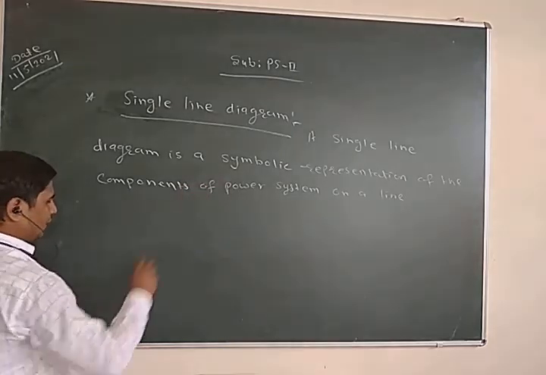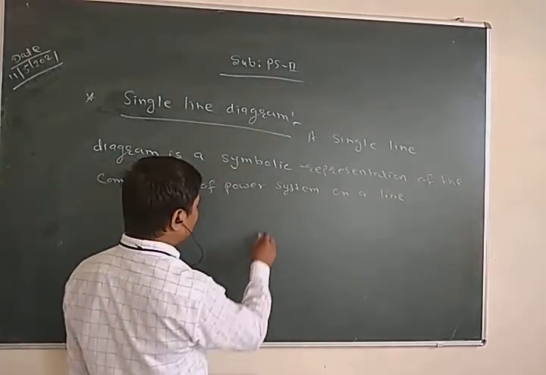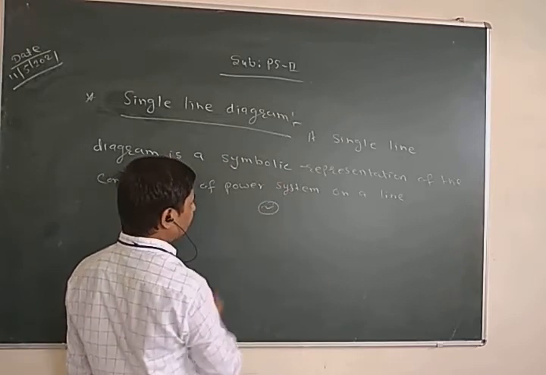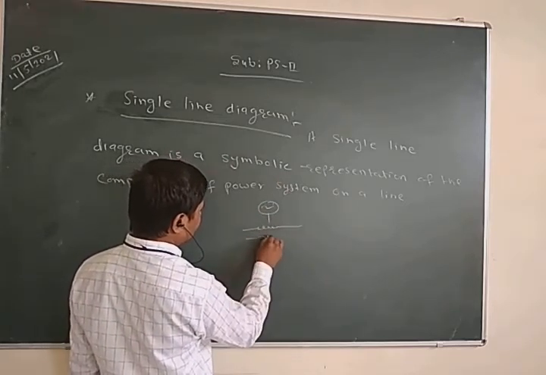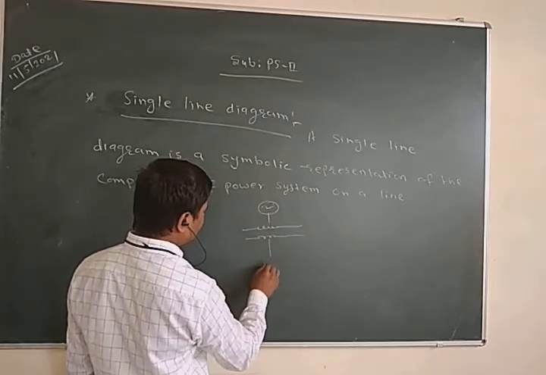So if we draw a single line diagram of a power system, then all components are represented symbolically. So this is the symbolic representation.